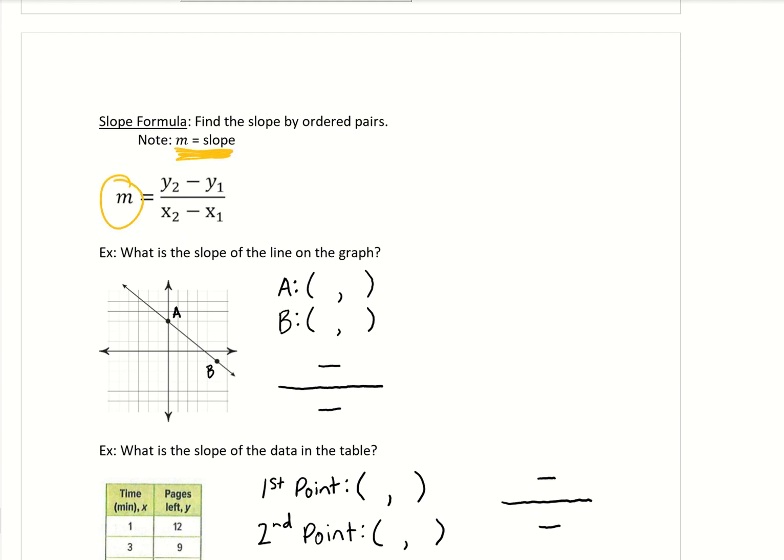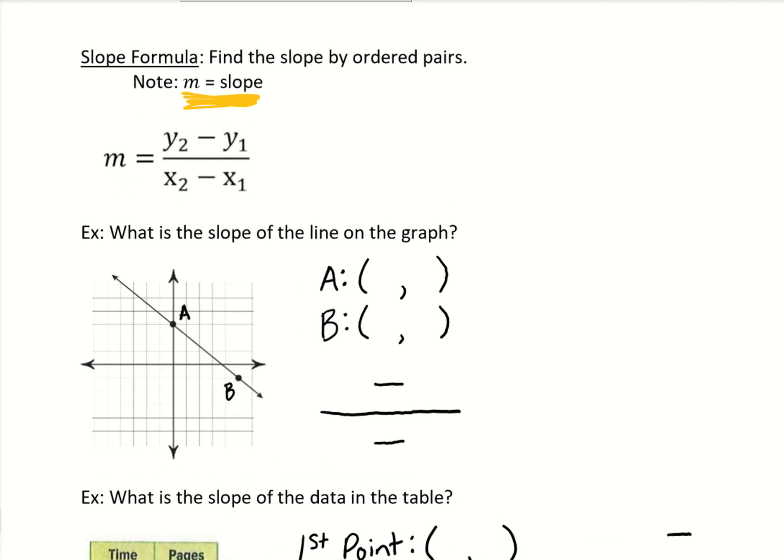We're going to use the letter M for slope all the time in this class, so be ready for that. Okay. The slope formula is y2 minus y1 over x2 minus x1. We're going to get into what that actually means because I'm sure right now, without seeing it beforehand, it kind of seems like a lot of gibberish.